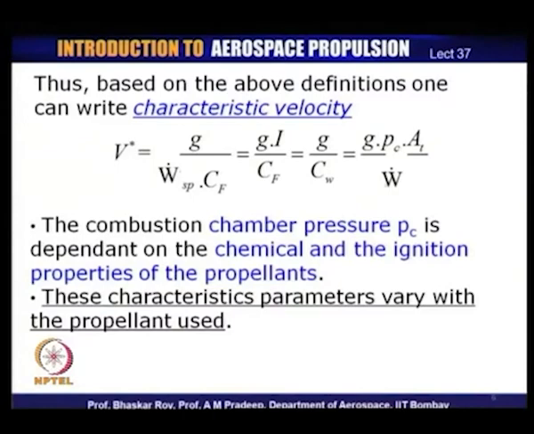We shall see very soon that we have a large number of actual propellants that are used for various rockets. Unlike in aircraft, where you have only one kind of fuel, in rockets you have a large variation of fuel and oxidizer and their combinations, and we will have a look at some of them.